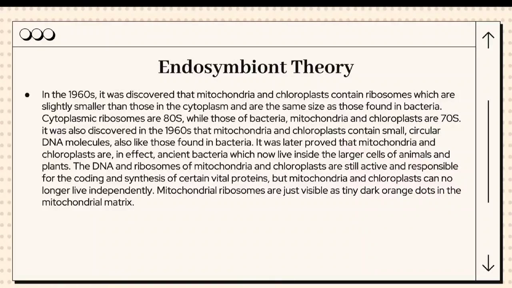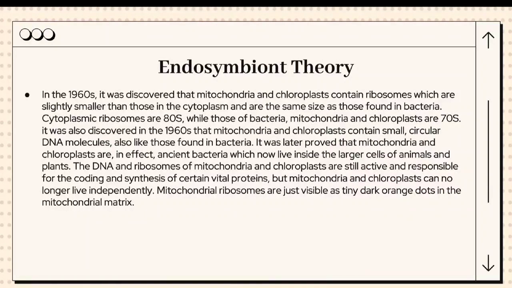It was also discovered in the 1960s that mitochondria and chloroplasts contain small circular DNA molecules, also like those found in bacteria. It was later proved that mitochondria and chloroplasts are in effect ancient bacteria which now live inside the larger cells of animals and plants.